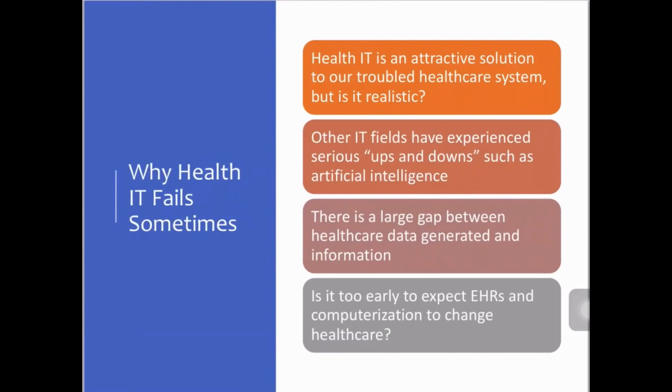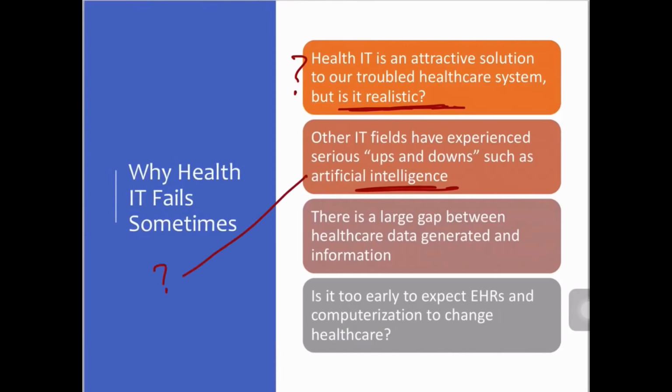And there are some other issues. For example, health IT is an attractive solution to our troubled healthcare system, but is it realistic? I mean, how feasible is it that every hospital will implement that? Not every hospital has that money or those resources. Other IT fields have experienced serious ups and downs, such as artificial intelligence.